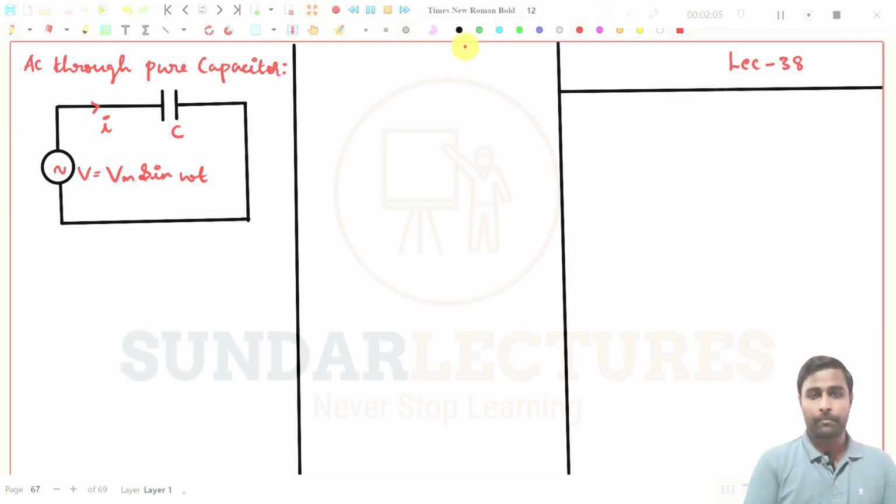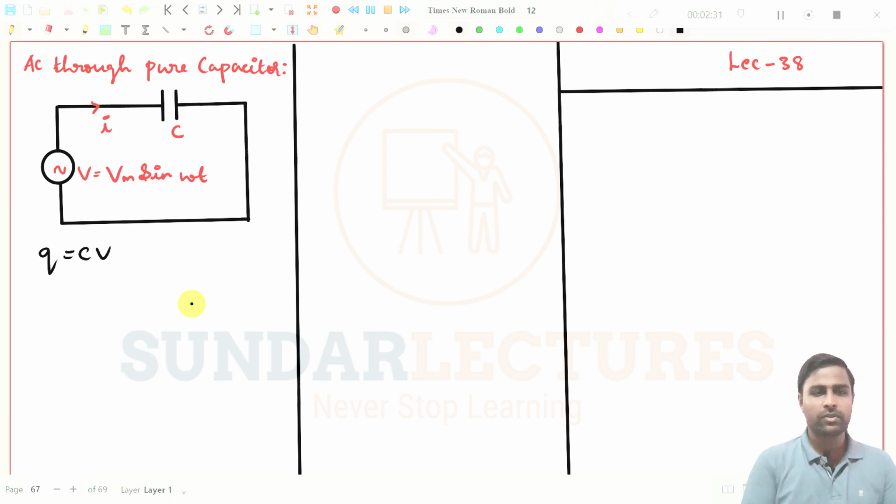If you want to find the current value, first we need to find the value of charge in the capacitor, Q, which is equal to C into V. That we know already. These expressions were already derived, and you would have studied them in basic physics.